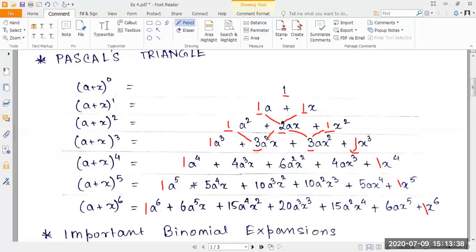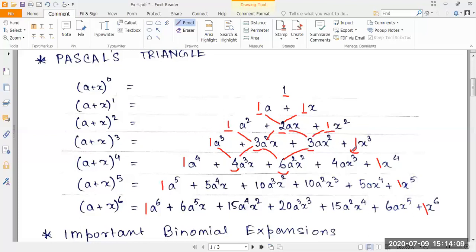The numbers in the middle, those which are not in the extreme portions, the numbers that cover the inside part of the triangle, each of these coefficients can be derived by adding 2 of the numbers on its head. So again, when I expand (a + x) to the power 4, I get this expression. This 4 can be achieved by adding 1 and 3 on its two heads. This 6 can be attained by adding 3 and 3 on its two heads.